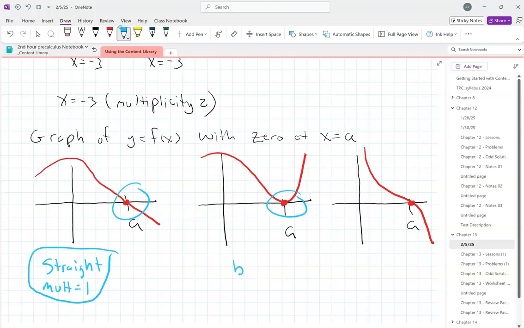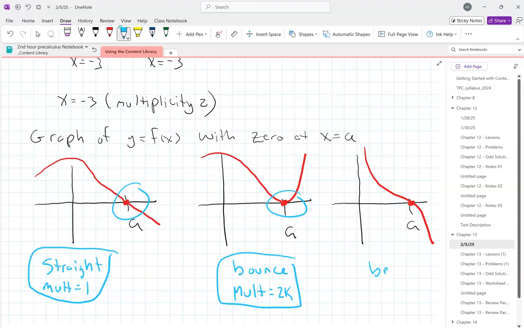The second situation is called a bounce. There, the multiplicity is an even number, like 2, 4, 6. We don't know how many times it's going to be used, but it's going to be used an even number of times. Or that solution is going to occur an even number of times. Do you see why we're calling it a bounce? Because it looks like it hits the x-axis and bounces up off of it.